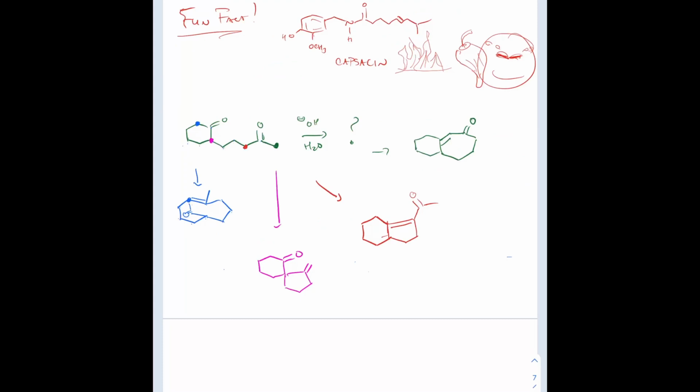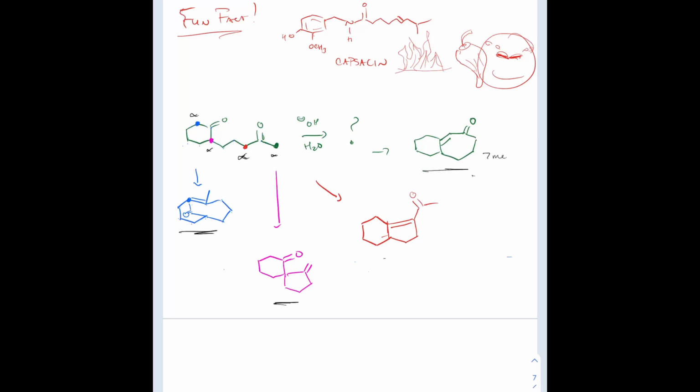Shazam! All right, so what I did here is I actually highlighted all of the alpha carbons with blue, pink, red, and green, and then I drew the corresponding products if you were going to remove the hydrogens on those alpha carbons and form the enolate that would attack the carbonyl either on the left or the right.